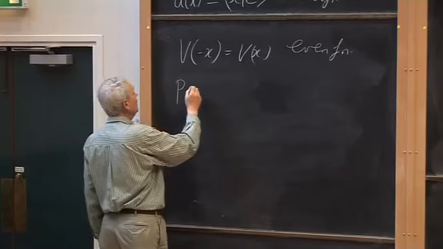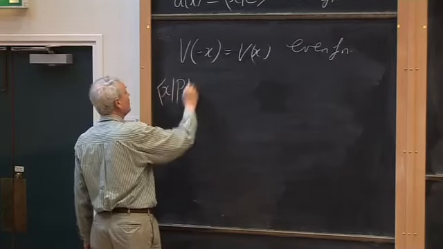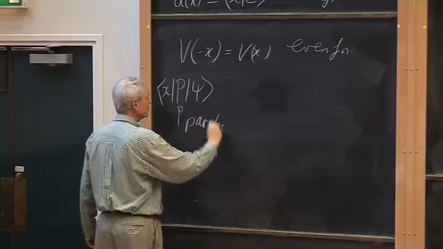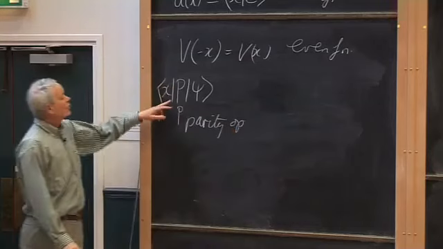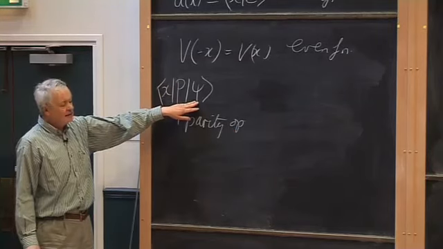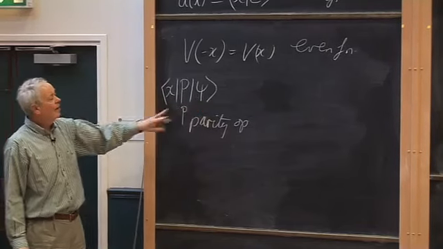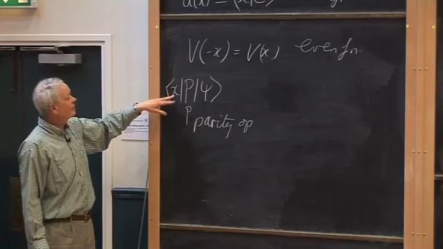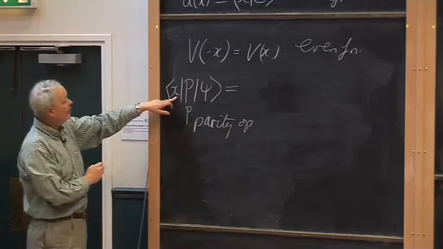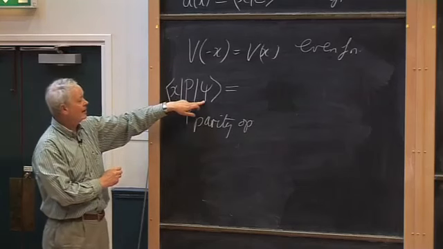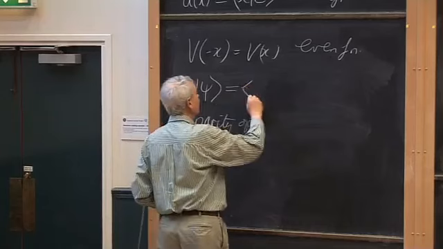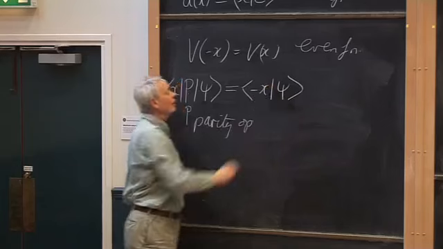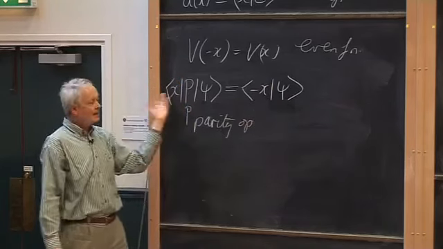P is an operator, the parity operator, which makes out of a state psi the state that has amplitude to be at x equal to the amplitude to be at minus x when you're in the state psi.